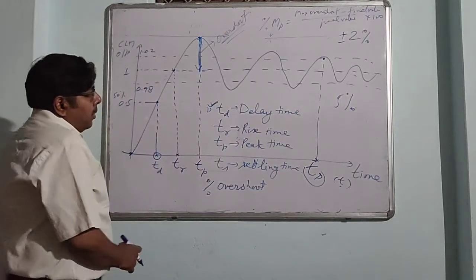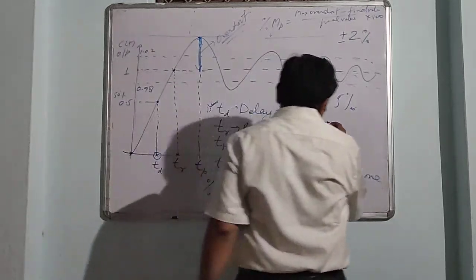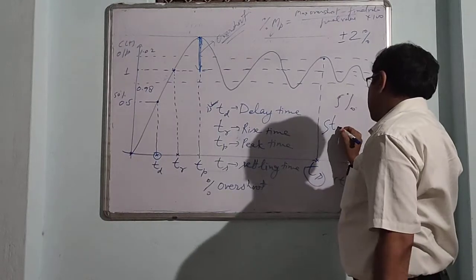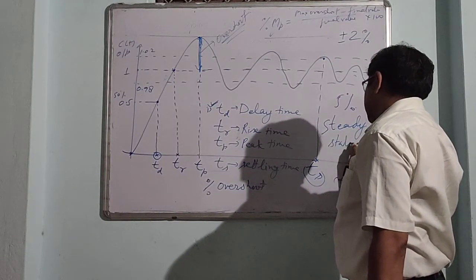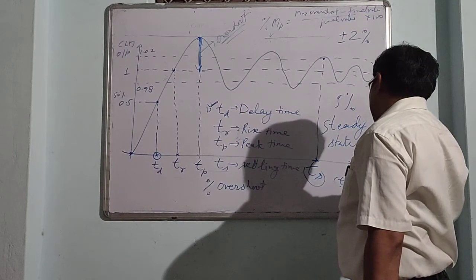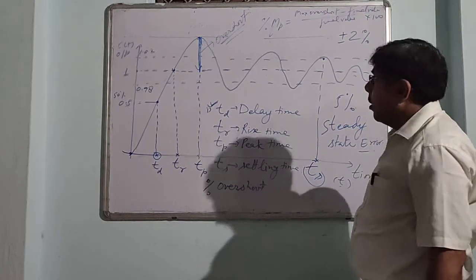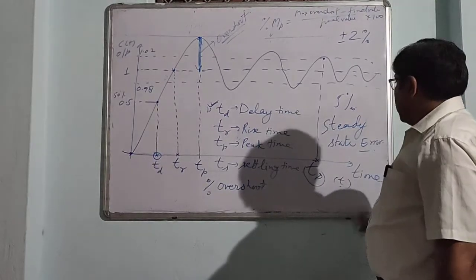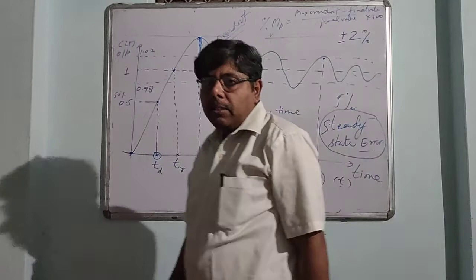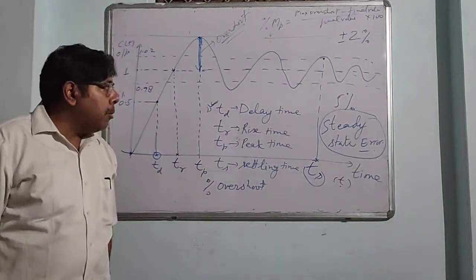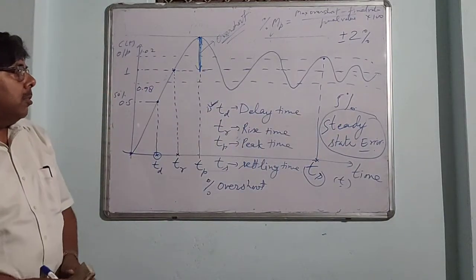And one thing more, steady state error. How can we define steady state error? Steady state error is the difference between the required value and the final value.